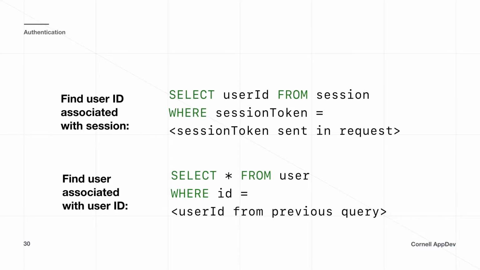Hopefully, if this session token is in your sessions table, you will find the row associated with it, and then you will find the user that is associated with that row. Once you have the user ID, then you can just look in your users table and say, maybe this is get profile, you want a lot of the information from the user, then you can select everything from user given a valid user ID associated with the session token.